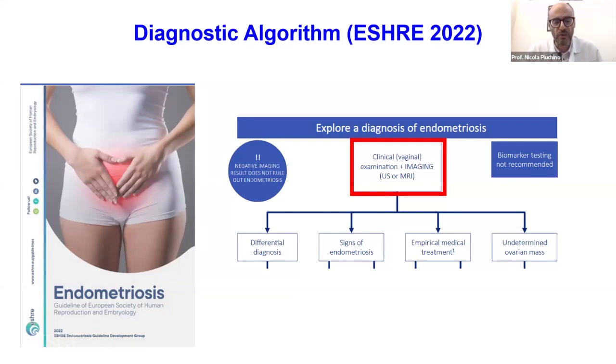So, as you probably know, in case of suspicion of endometriosis, in case of symptoms associated with endometriosis, ESHRE suggests doing a clinical examination and imaging. Ultrasound or MRI scan in order to provide a diagnosis.